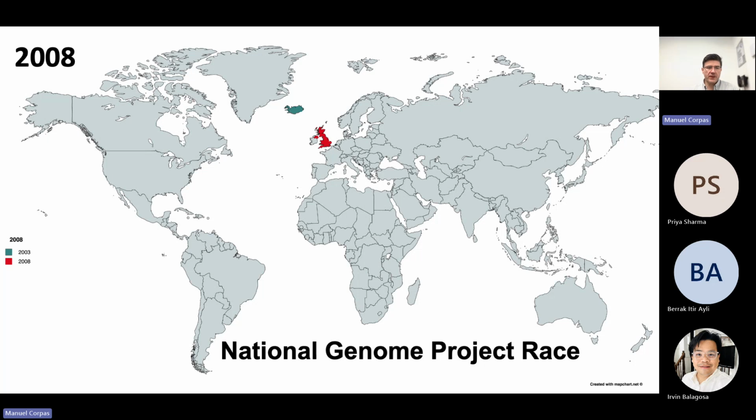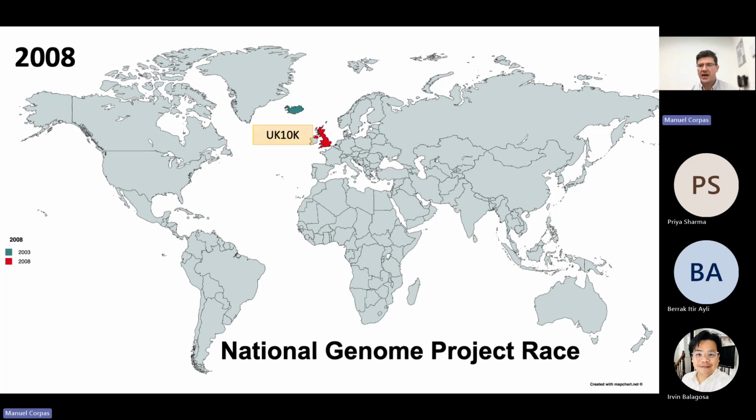The second one to really do something was the UK 10K. The UK did the first 10,000 whole genomes in 2008, which, considering that the first human genome was released in 2003, was a tremendous achievement.